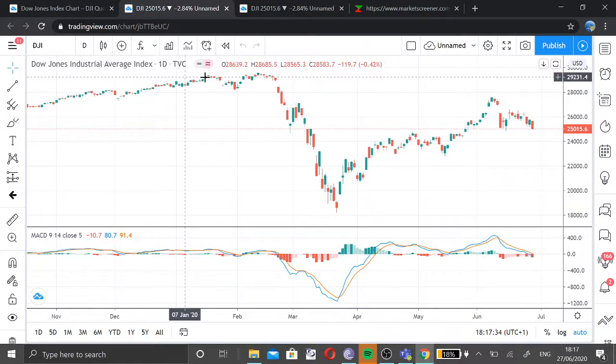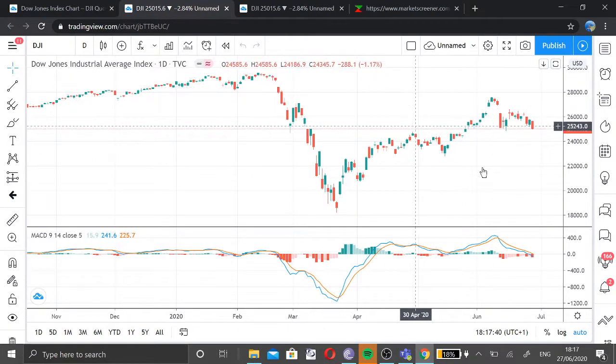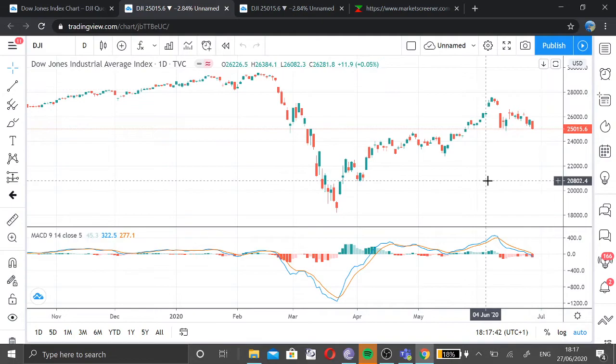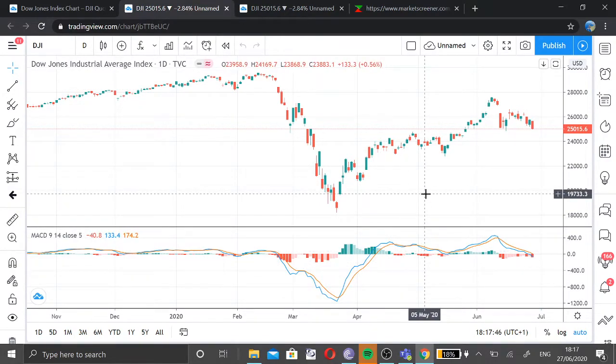So this is a daily chart of Dow Jones Industrial Average, which is a US index. It's a candlestick chart, and the indicator we are using here is MACD. I'll look at three time frames, daily, weekly, and monthly, to get an overview of the general trend of this index.